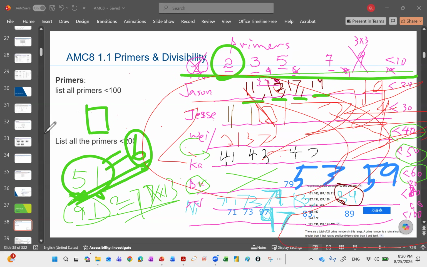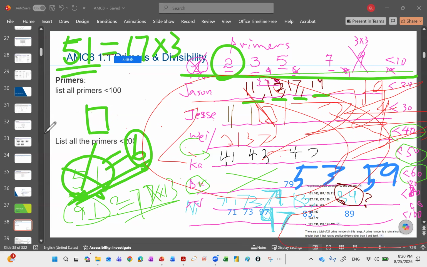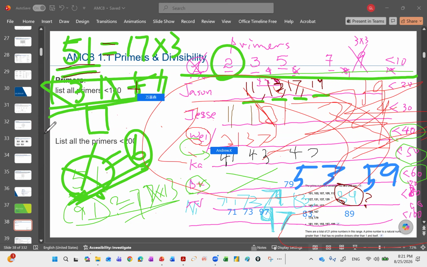Make sense? So that's why 51 is not prime, because 51 is 17 times 3, right? So 51 has 1, 3, 17, and 51.